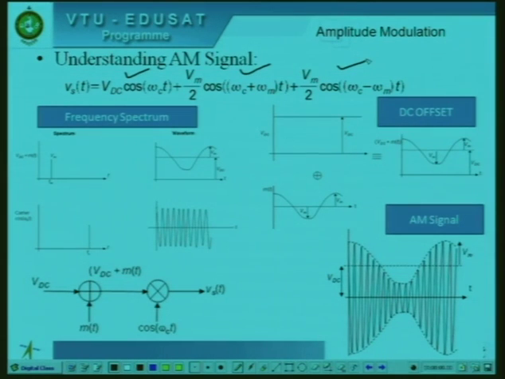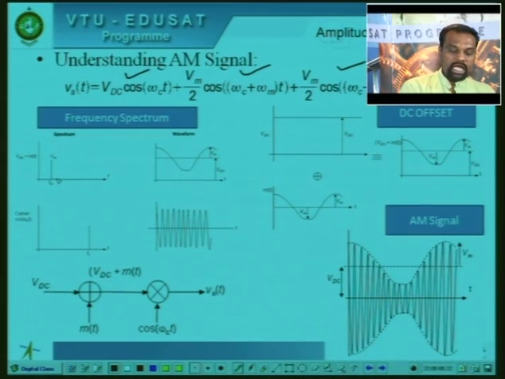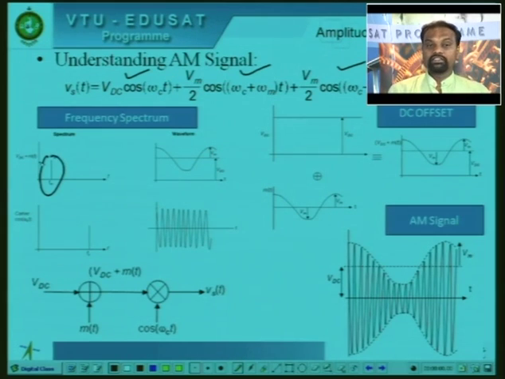Now, let us understand the frequency spectrum of this signal. Vm, that is m of t, which has a frequency of omega m, has a spectrum like this. Once it is DC shifted, there is a DC bias now.